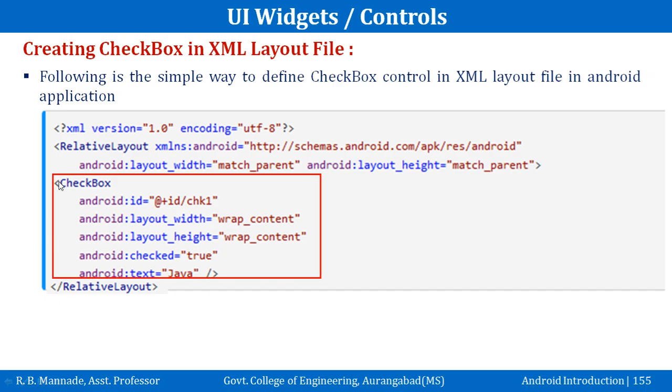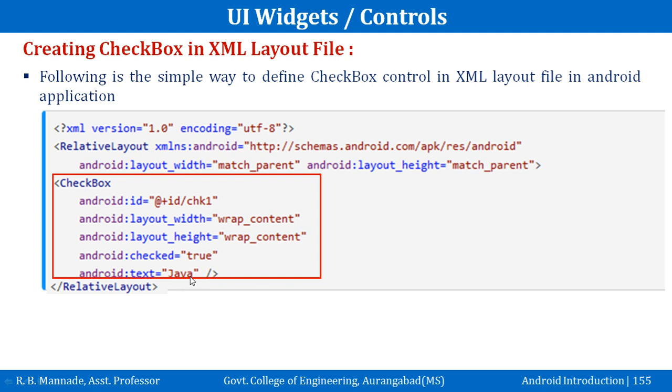So this is the starting as well as the ending tag of the checkbox. This slash and this angle bracket indicate that this is the end of the checkbox control. As usual, there is the ID field of the checkbox, which is set to chk1. Then width and height are set to wrap content, right? And the text is set to Java.